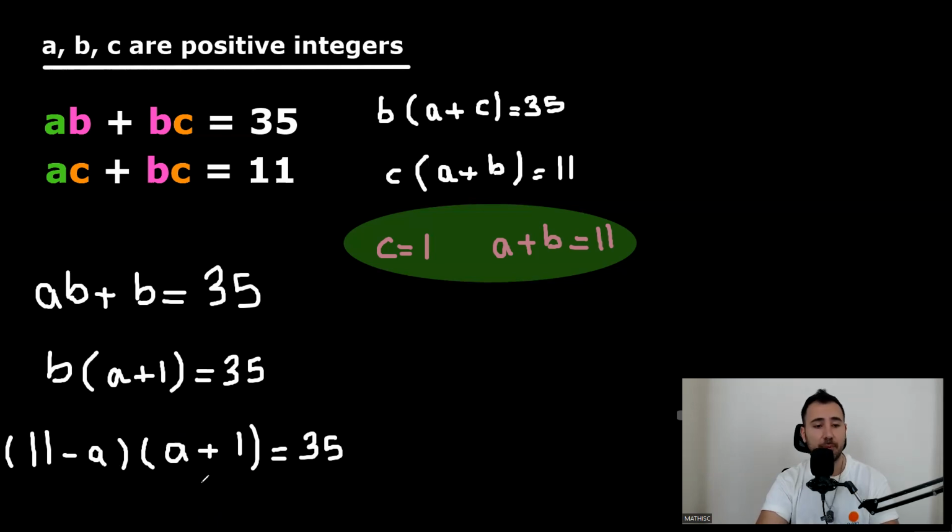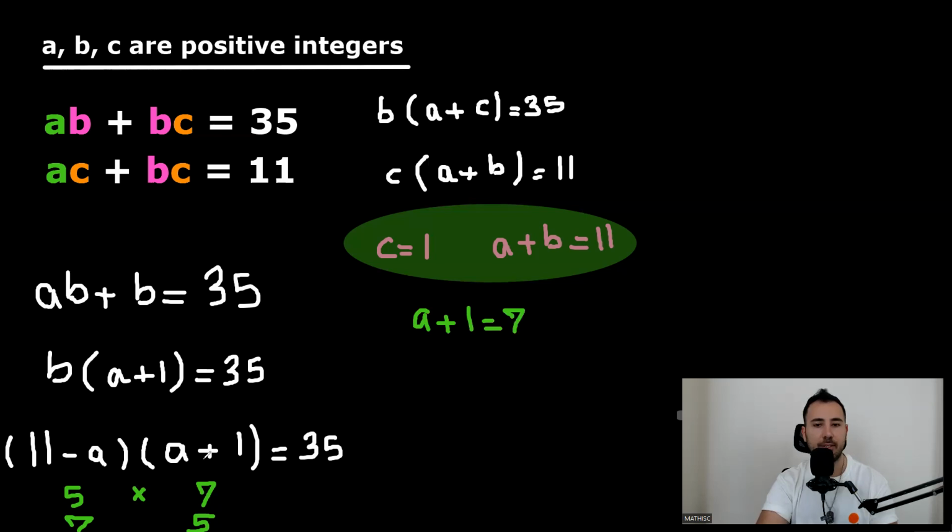So the possible options are this becomes 7, this becomes 5. This is possible. Or the other way around, this becoming 5, the other one becoming 7. I hope you could see this. So I'm going to write it here. In one case, what happens if A plus 1 is 7?